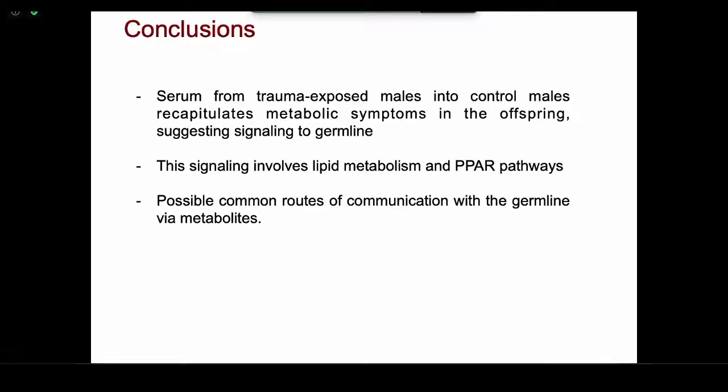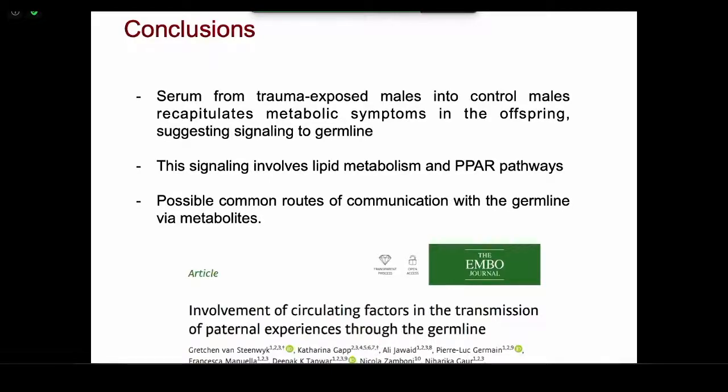And all of this suggests that there are possible common routes of communication with the germline via metabolites, because PPAR has been, as Victor said, associated with transgenerational transmission linked to obesity. For instance, there was a very nice paper by the lab of Bruce Blumberg a couple of years ago on the effect of an obesogen compound. I'd also like to advertise that our paper was just published today, so for those of you who want more detail, I refer you to the manuscript.